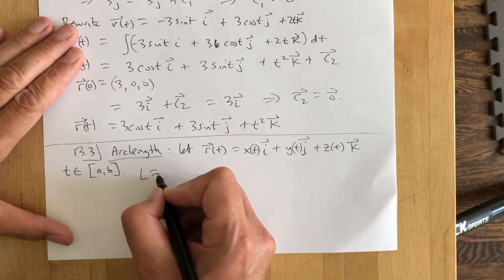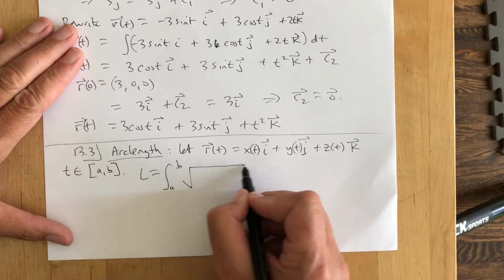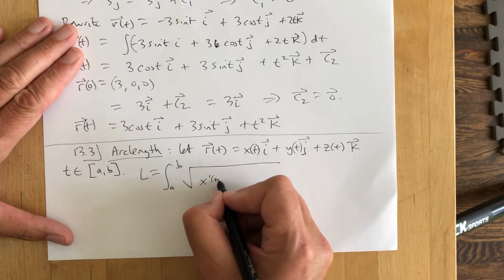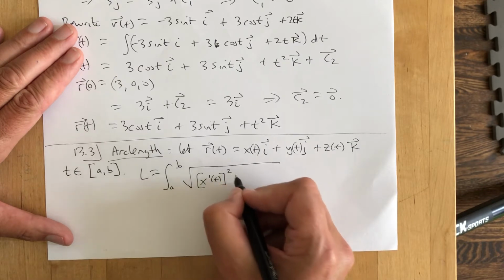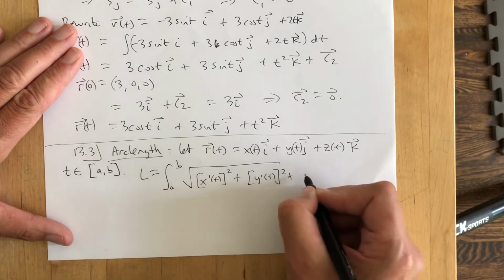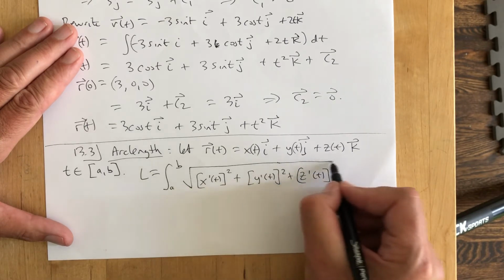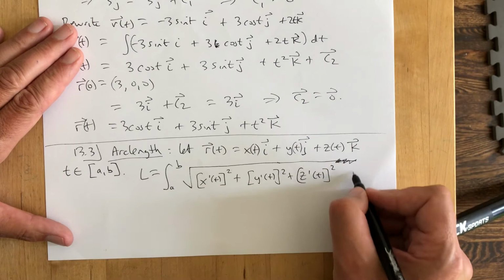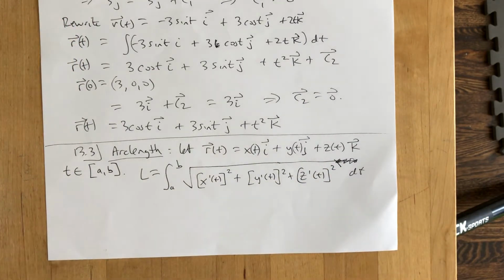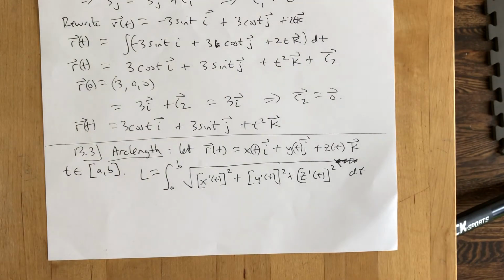Okay, so I prove this in every class I've ever taught. It's the same thing. You just take the derivative, so the integral of the square root of x prime of t squared plus y prime of t squared plus z prime of t squared dt.